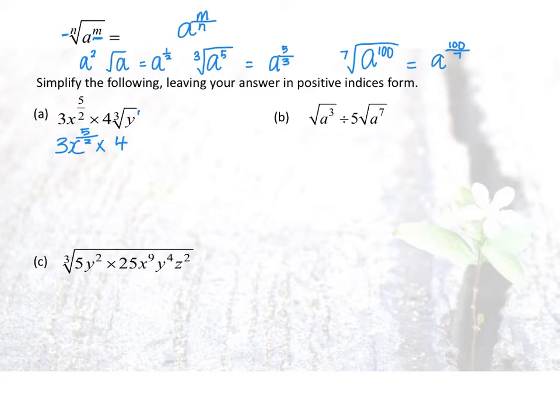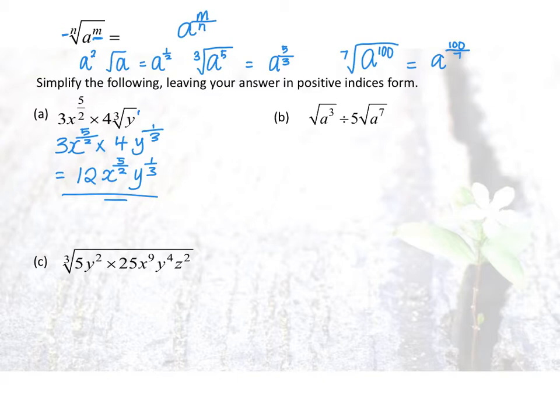We divide the power by 3. The power of y is 1, so we take the original power 1, divide by 3. Let us combine this. I will get 3 times 4, 12. x is on its own, so x to the power of 5 over 2, and y to the power of 1 over 3, in the positive indices form.